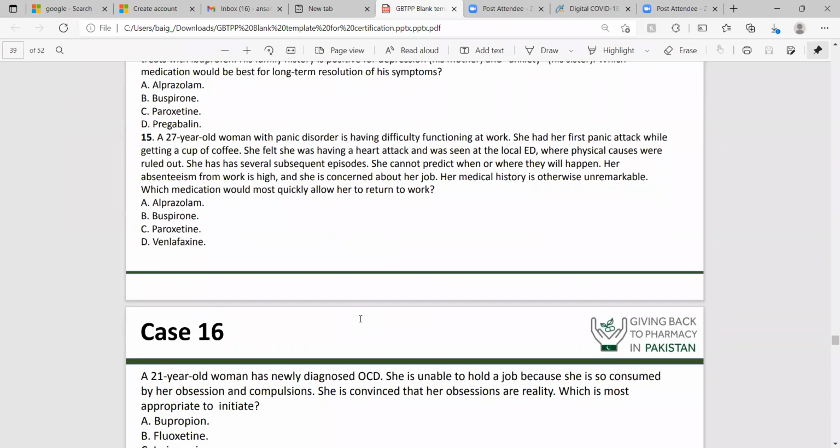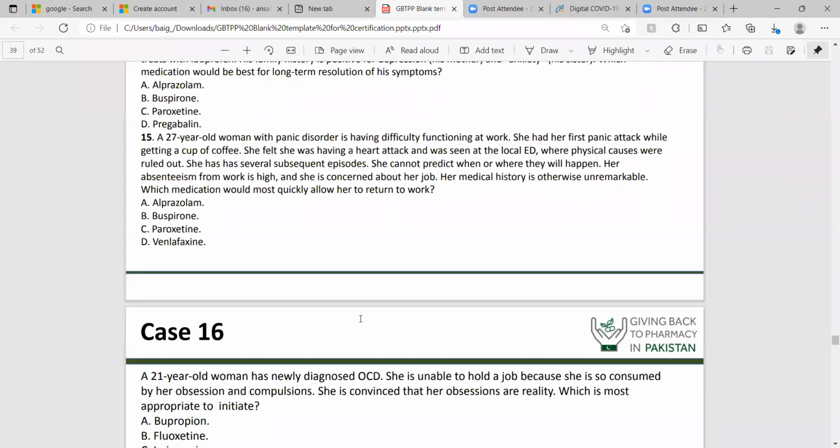Next question is that 27-year-old woman with panic disorder is having difficulty functioning at work. She had her first panic attack while getting a cup of coffee. She felt she was having a heart attack and was seen at the local ED where physical causes were ruled out. She has had several subsequent episodes.